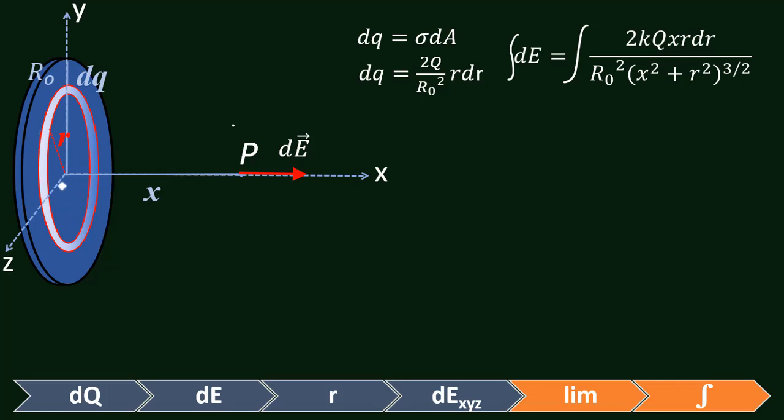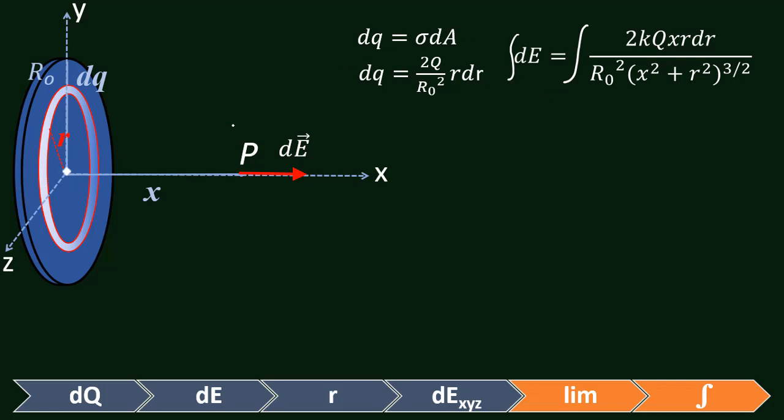This makes sense. Why? Because we can cover the whole area of the disk by adding up rings inside one another, varying the radius of the ring. We can add up infinitely many rings to cover the whole area of the disk charge. So our integration is over the radius of the ring.